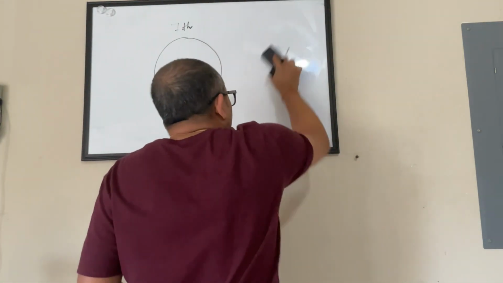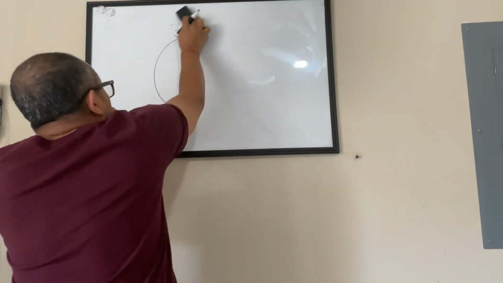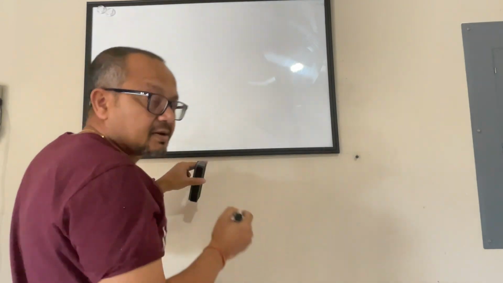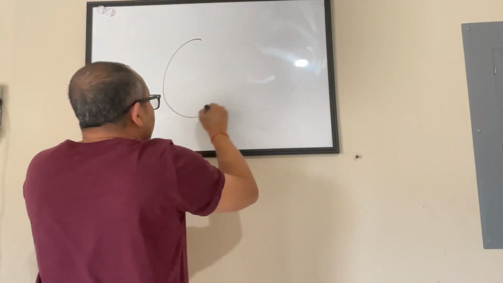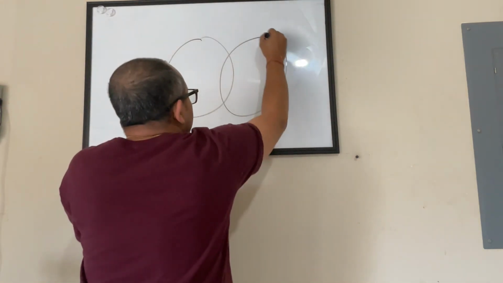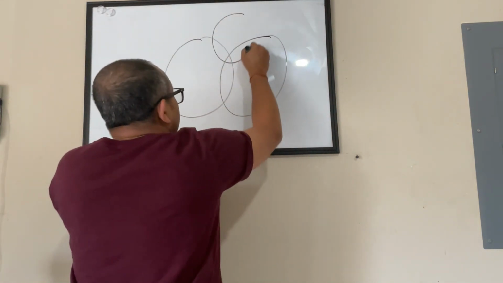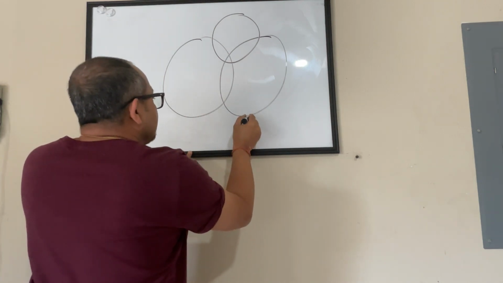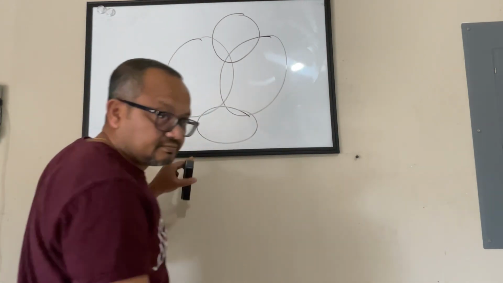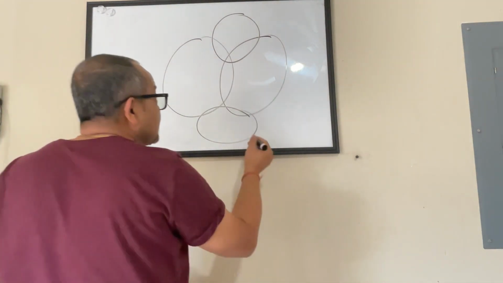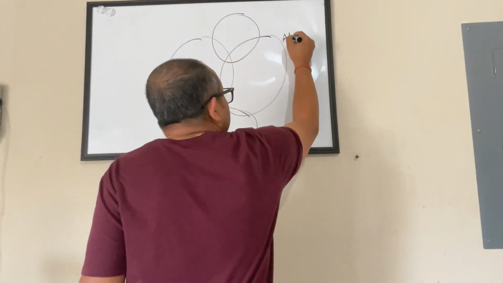Now let's look at how you will see it in high school, where you will have kids from 9th, 10th, 11th and 12th grade. And these circles are nothing but the AP subjects.